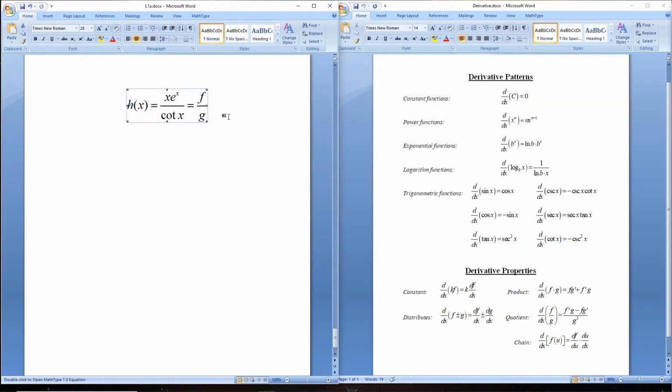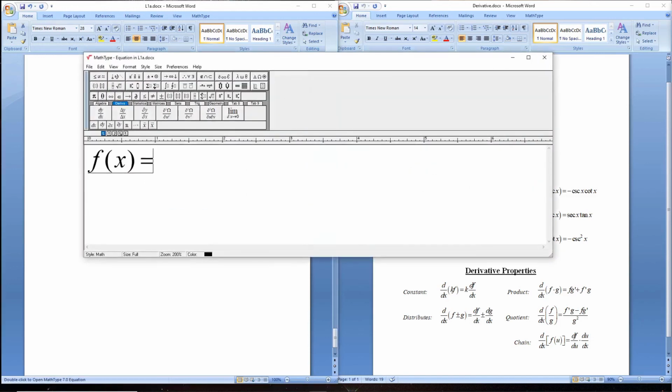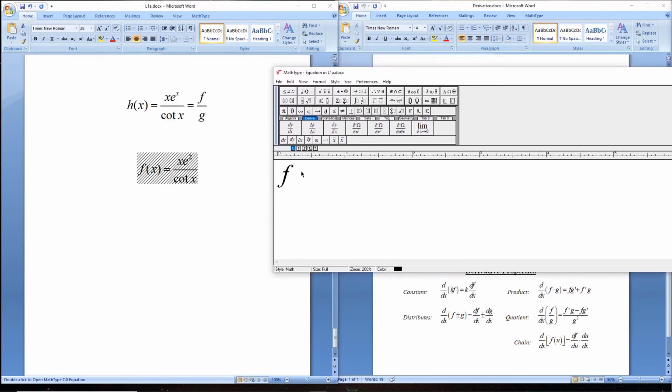Now, how we define f and g next is up to you. It's not going to matter as long as you're consistent throughout your problem. But I'm going to say here, f is x e to the x. And I'm going to say g here is cotangent.